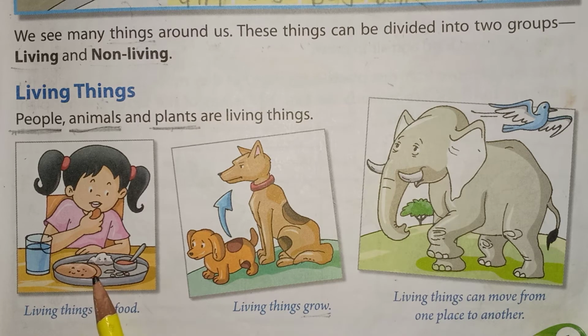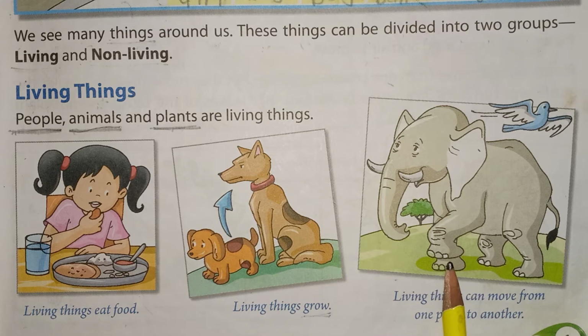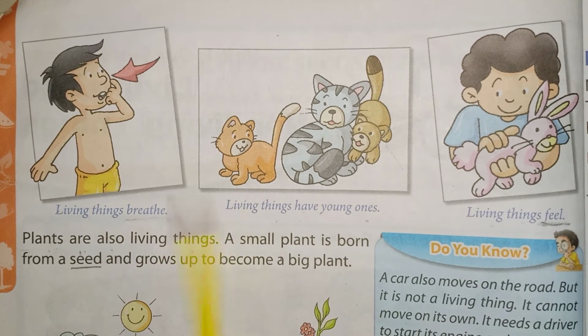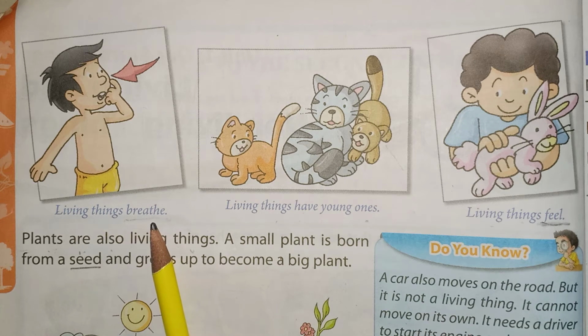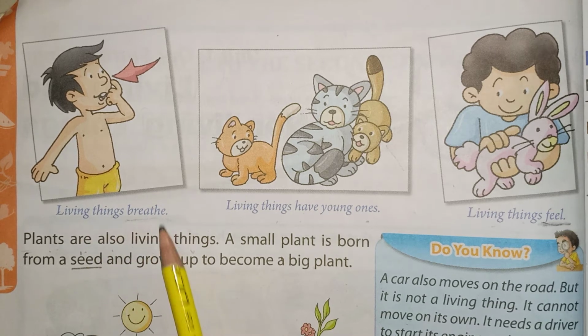Living things eat food, living things grow, and living things move from one place to another. The main characteristic of living things is that living things breathe. Yes, all the animals, all the plants and all the humans, they breathe in oxygen. So living things breathe.